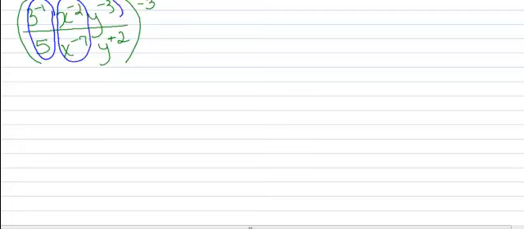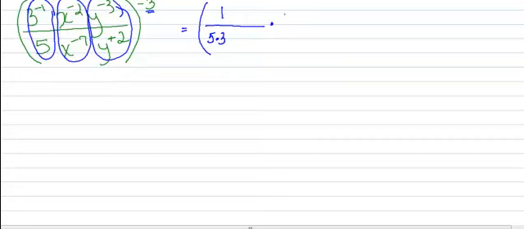Then we're going to look at the y's. And then we'll deal with that extra exponent outside the parentheses. So we've got 3 to the negative 1. Well, that's going to go to the denominator. The 5 stays in the denominator.